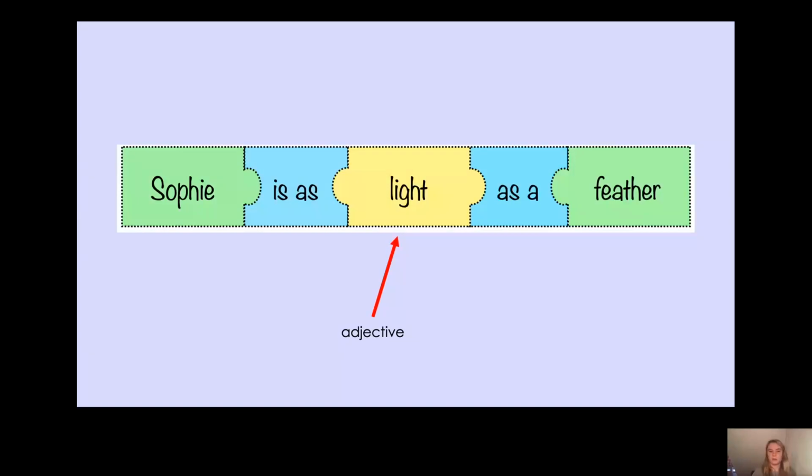So far we have Sophie is as, light, which is an adjective, and then we have another "as", and then "a", and then we have "feather". So this is the other thing that we're comparing to Sophie. And what type of word is "feather"? Well, feather is a noun. So you need to make sure that you have an adjective in the middle with "as" before it. Then you need "as" after it. And then you need the noun that you are comparing it to.